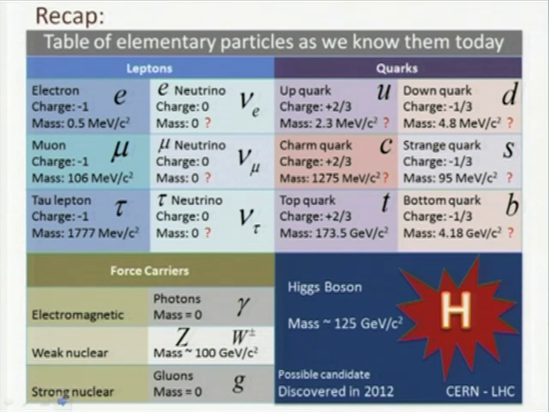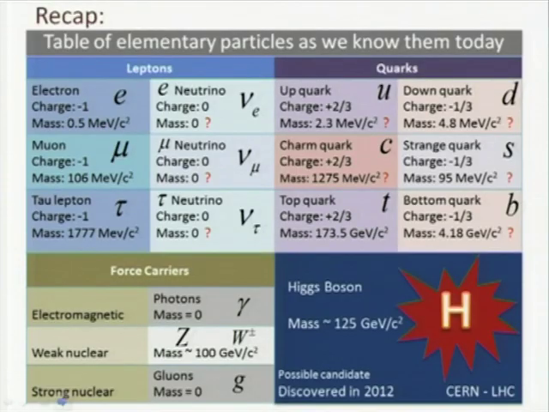Leptons are the ones which take part in weak interactions as well as electromagnetic interactions if they are charged, and quarks, in addition to the weak and electromagnetic interactions, take part in the strong interactions as well, whereas the leptons do not take part in the strong interactions.